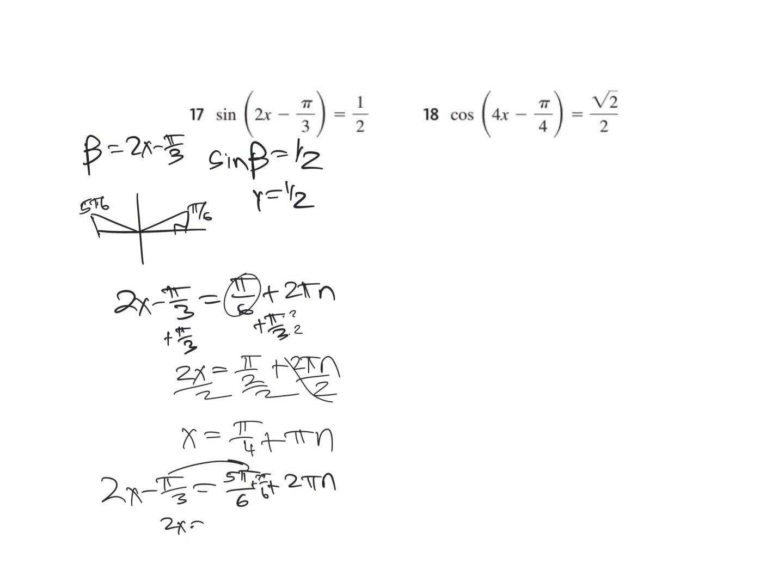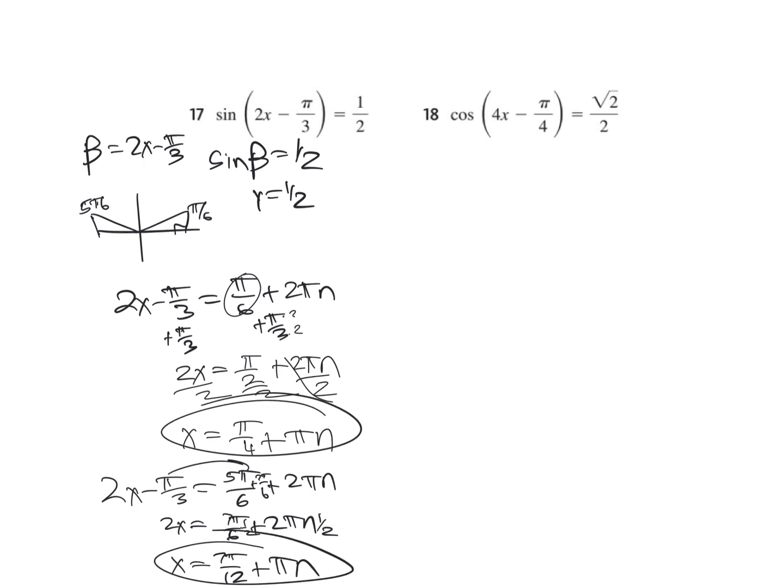So 2x is equal to 7 pi over 6 plus 2 pi n. And dividing everything by 2 is like multiplying by 1/2. So we get 7 pi over 12 plus pi n. And those are your values for number 17.